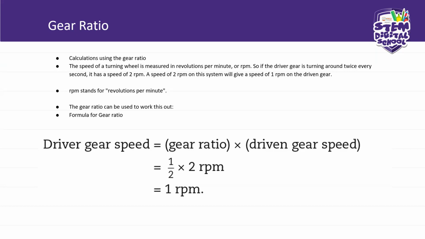A speed of 2 revolutions per minute on this system will give a speed of 1 revolution per minute on the gear. The gear ratio can be used to work this out. This is the formula. So the formula is driver gear speed. If you want to determine the speed of the driver gear, it equals gear ratio. It means you have to calculate.